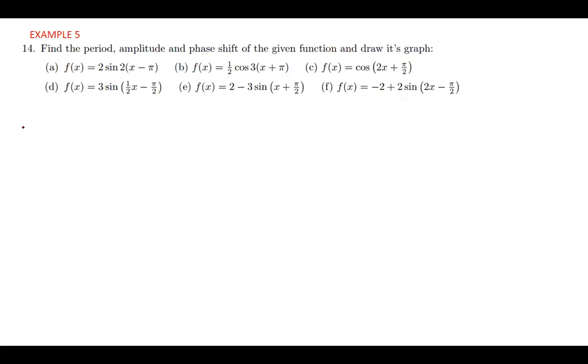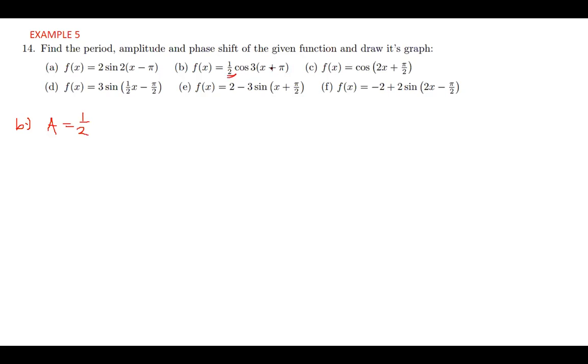So B is saying the f of x, or maybe instead of me writing this, let me just write B, because time is not with us. So we know that from here we can tell our amplitude is equal to 1 over 2. It's just this part here. This is your amplitude.